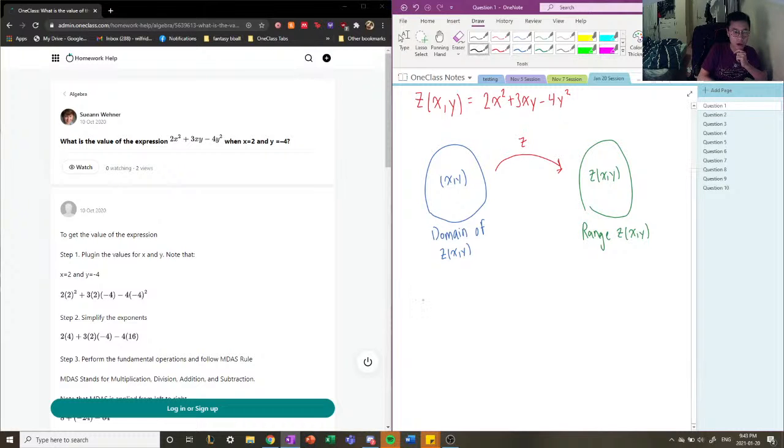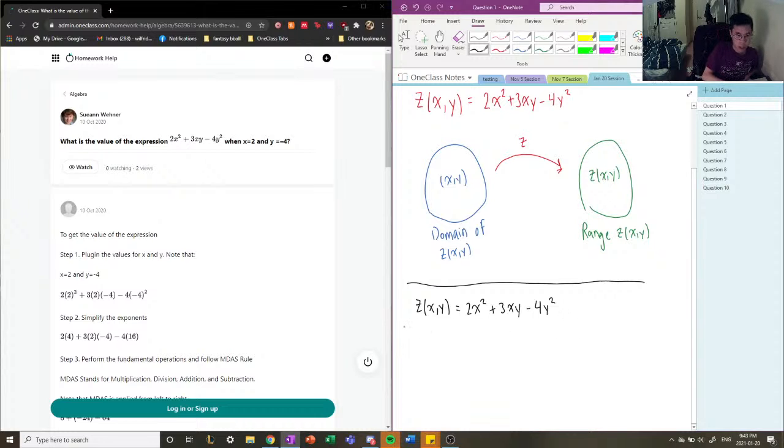To evaluate your function, all you really need to do is plug in your value of x and your value of y. So again, I'm going to write out our function. z of xy is equal to 2x squared plus 3 times xy minus 4y squared.